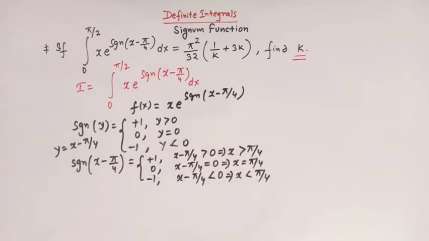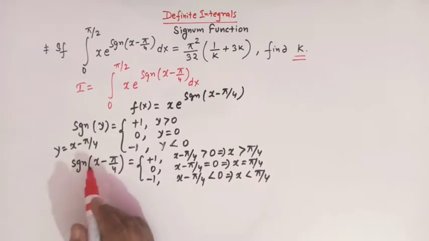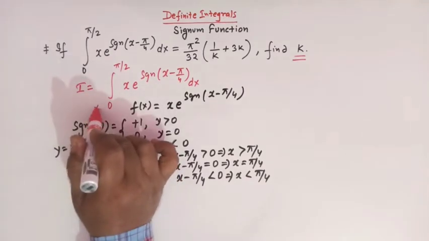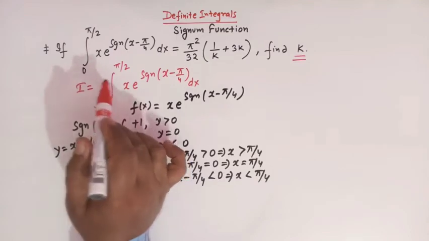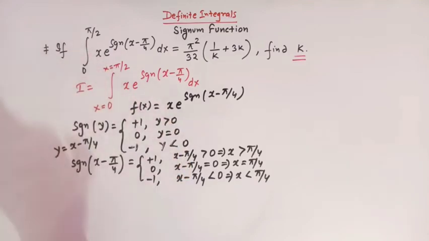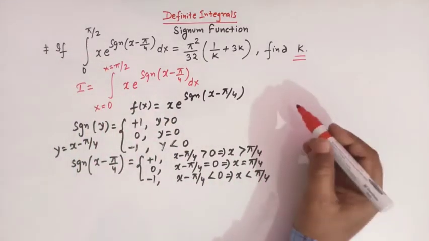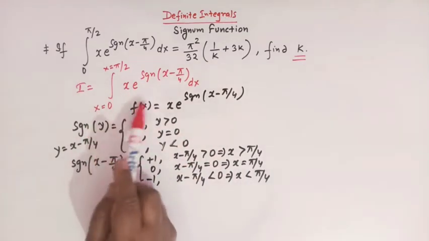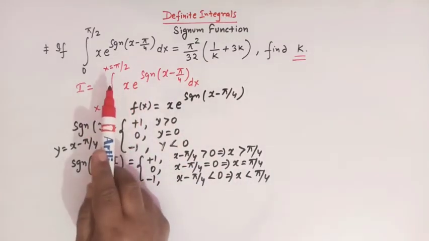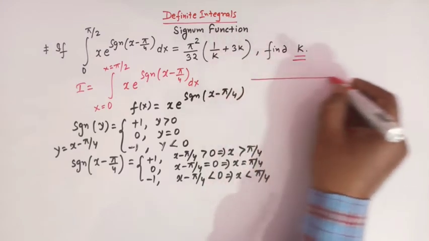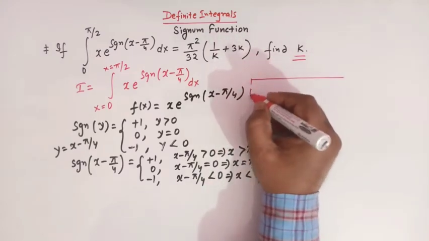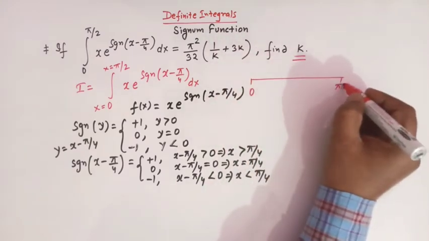So this is how we define our Signum function, and let us now concentrate on the lower limit and the upper limit, right? So here we have to integrate this function f of x from 0 to pi by 2, and we see that this is 0 and this is pi by 2, right?